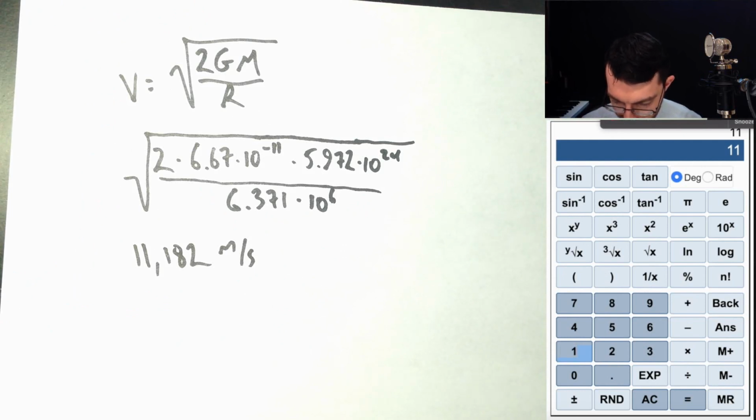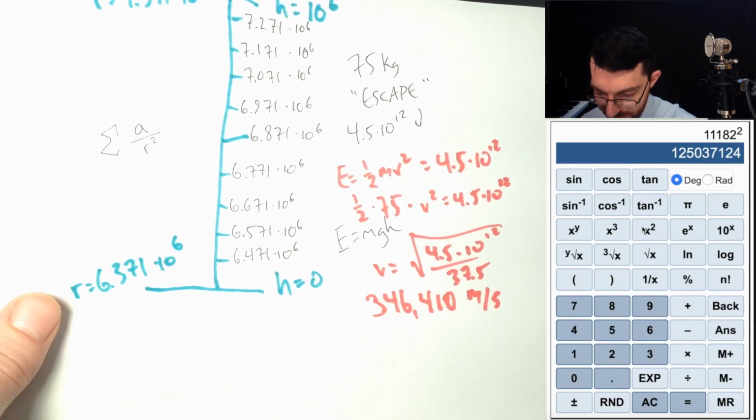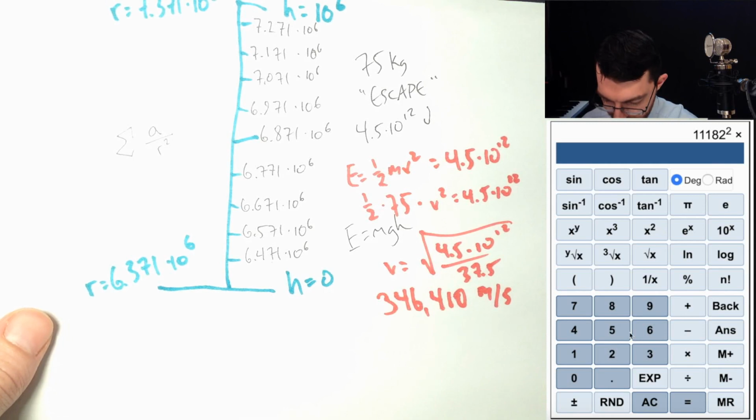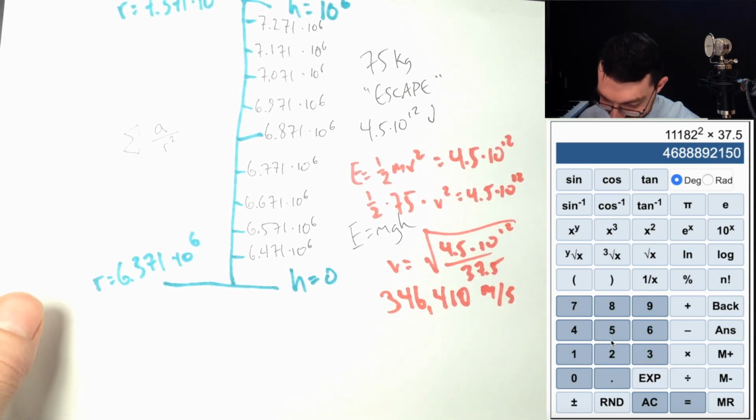Oh, this is terrible. 11,182 squared, and now times 37.5. Oh no, I miscounted the zeros.